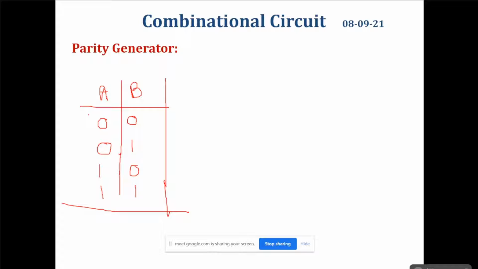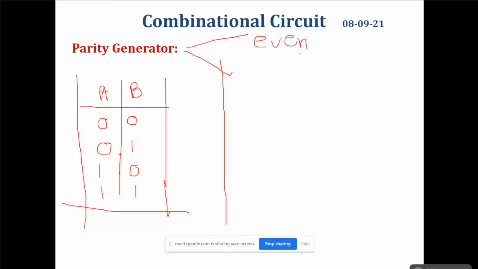You know the fundamental principle of parity. There are two parities, even parity and odd parity. First we will consider the even parity. Now you have 1 minute to try to find the even parity.